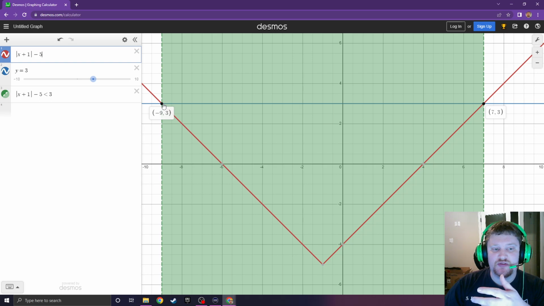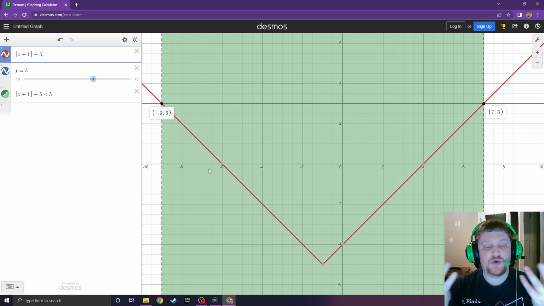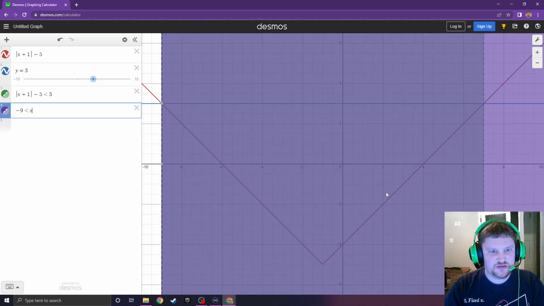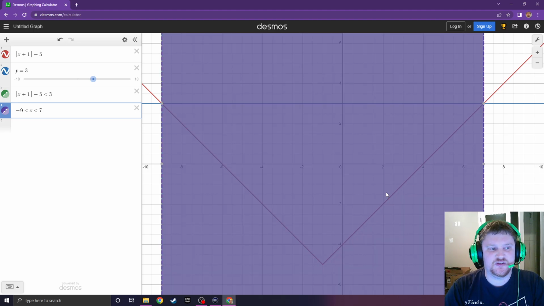So our solution becomes everything from negative 9 to 7. We have a lot of different ways we can write that. The first way is negative 9 is less than x is less than 7. You can see this blue one gives us the exact same graph as the green one.